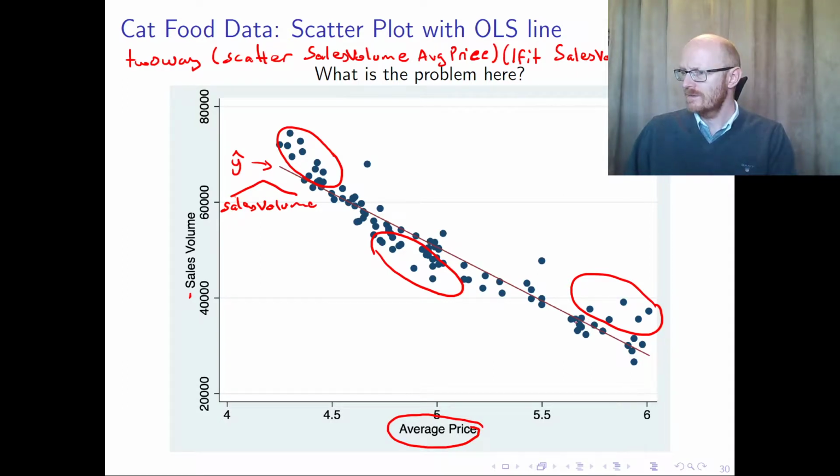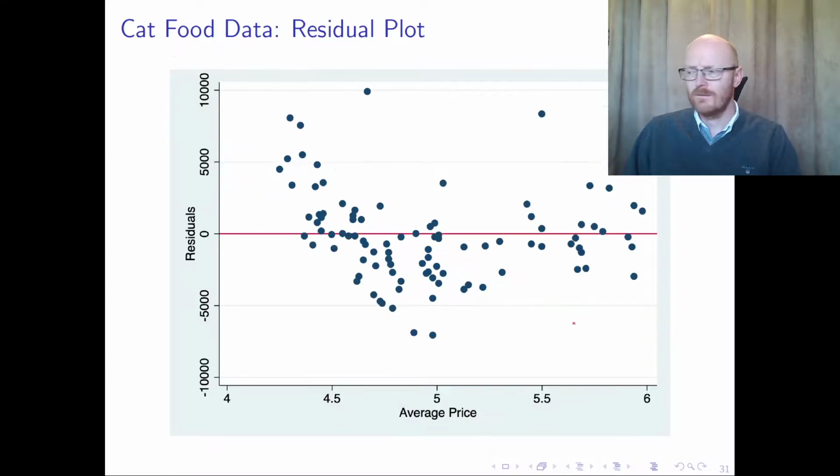And what we can do here is more easily look into the pattern in the residuals by plotting the residuals versus the average price.